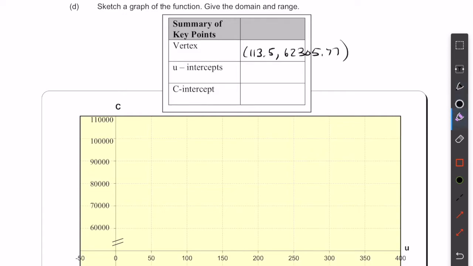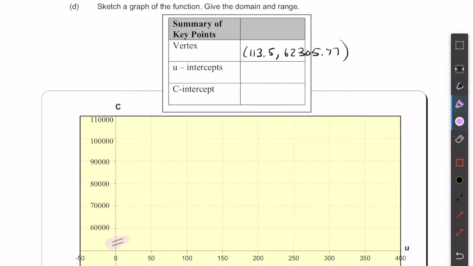So what I did was, instead of starting at 0 like we normally do, I wanted to start my graph at 60,000 and go above that. And this little double dashed line in there means that we're skipping scale values. I'm not putting all the scale values starting at 0. We're going to skip a bunch of them and start at 60,000.